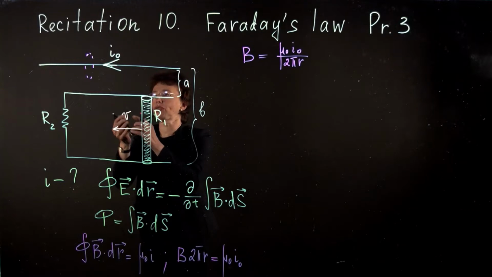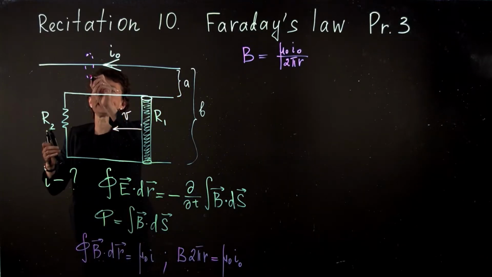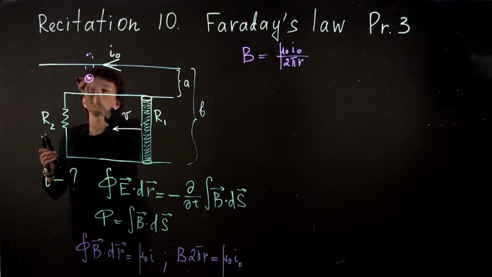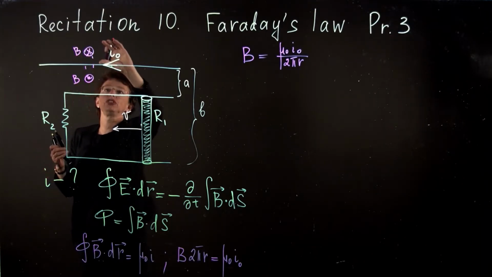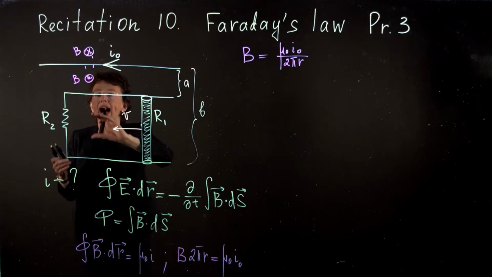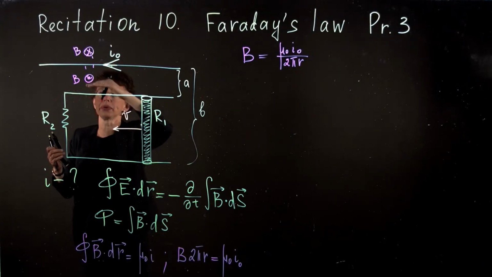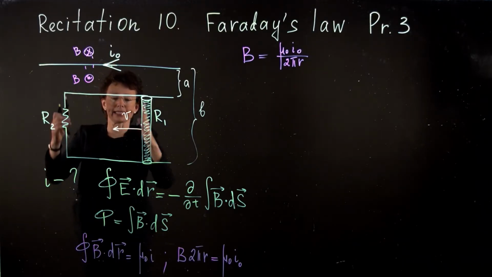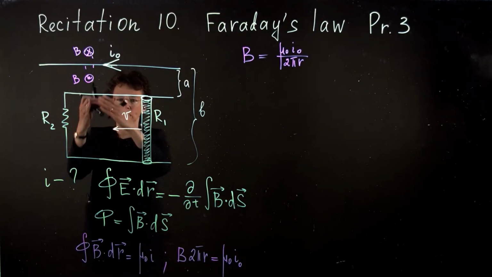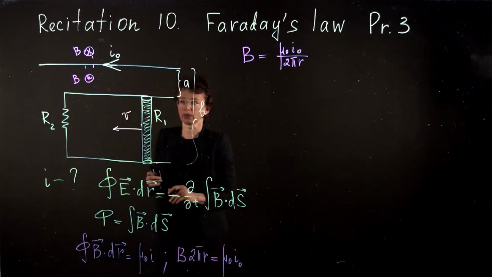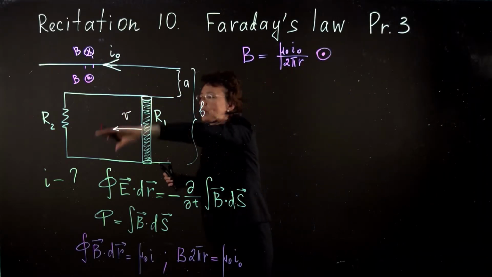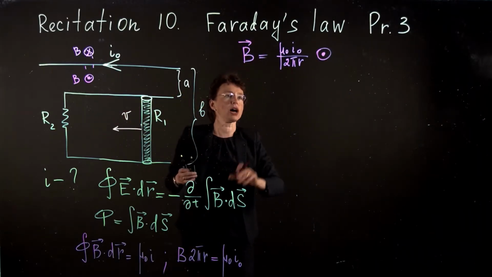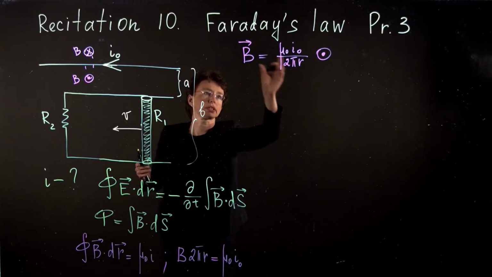So the direction of the lines of the magnetic field here below is out, and above is in. We are not interested in this area, but we are interested in the magnetic field created in this area where we have our circuit. So the direction of the magnetic field in the area that we are interested in is out, and the magnitude is right here.